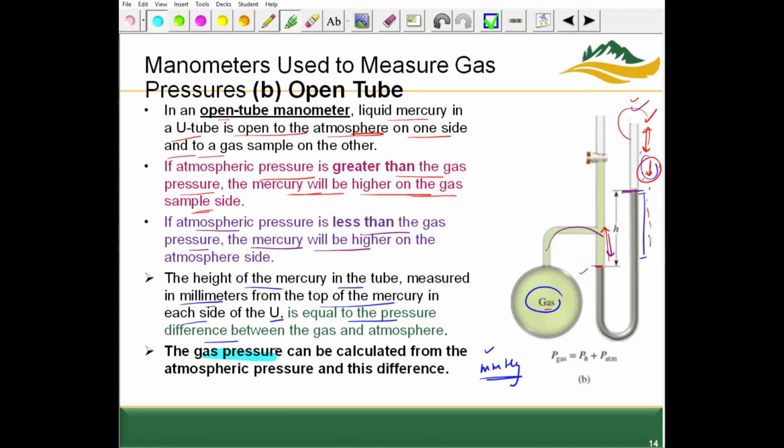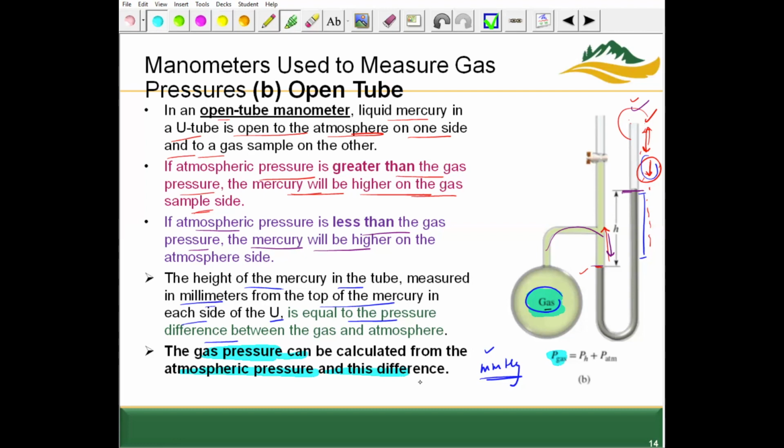Therefore, the gas pressure, which is normally what we're interested in, we're not really interested in the atmospheric pressure or the height of this mercury level. We're using all these components to actually measure the pressure of the gas. So this gas pressure can be calculated from the atmospheric pressure and this difference.